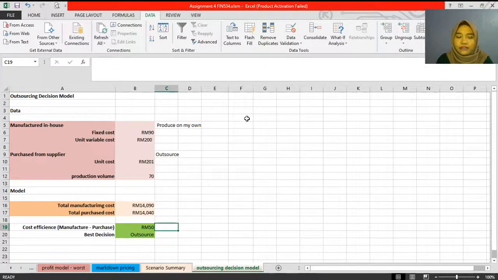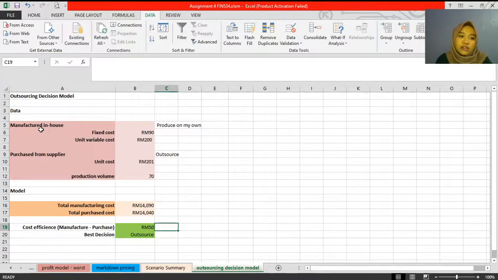But what if one day I am not well, or I have anything else to do, so I need to make an outsource model, where I purchase from another supplier. So this is the data for if I produce on my own, and if I purchase from the other supplier.